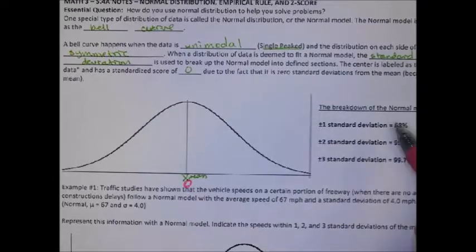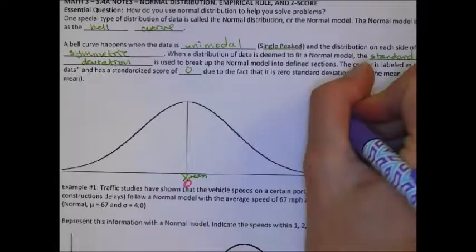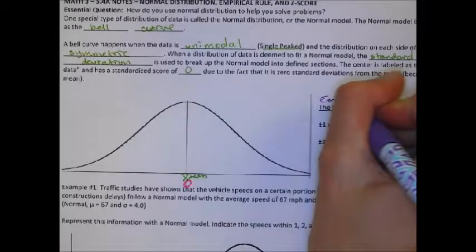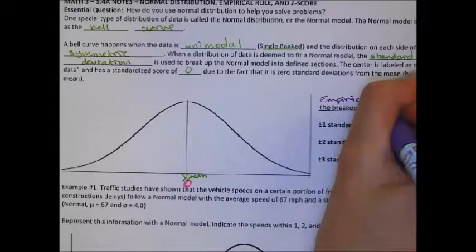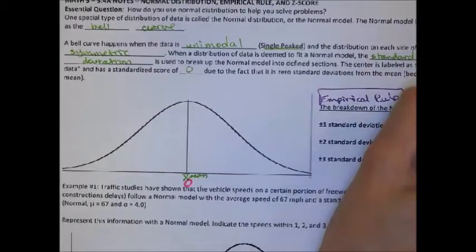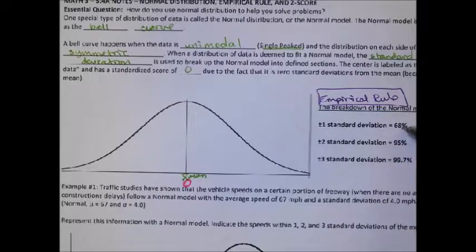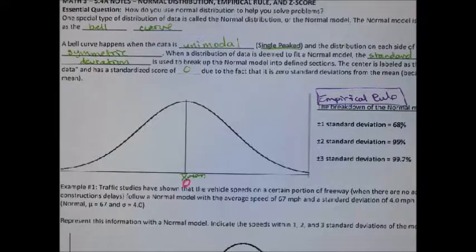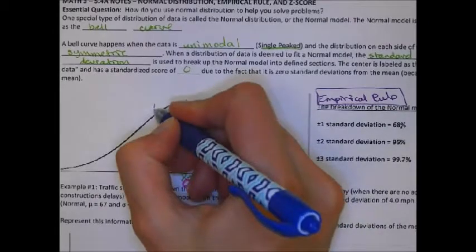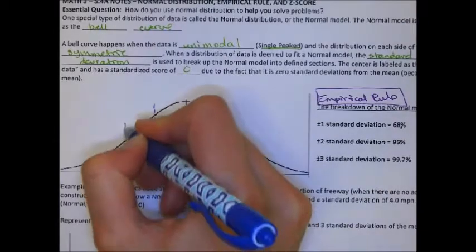So this little piece over here, this is what we call the empirical rule. It's the 68, 95, 99.7 rule. So what this means is I'm going to go ahead and break this up.